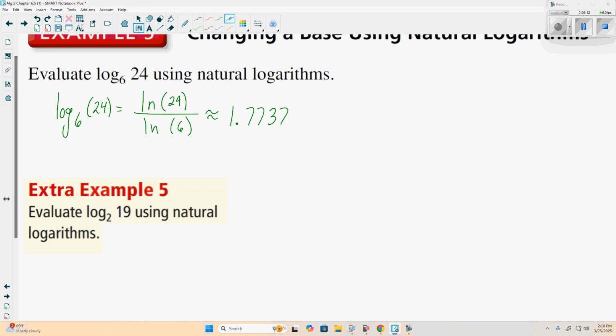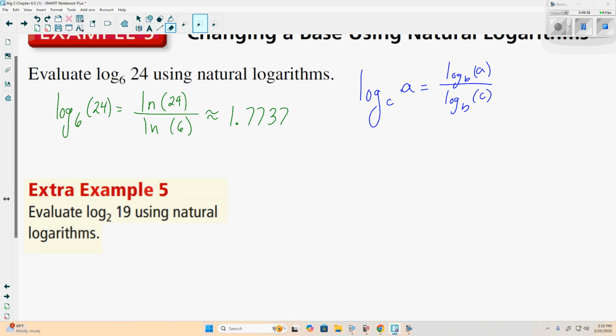And the reason this works is just because, by definition, log base C of A, according to change of base, is equal to log base B of A over log base B of C. And for what we've been using, we've just been setting that new base to be 10.